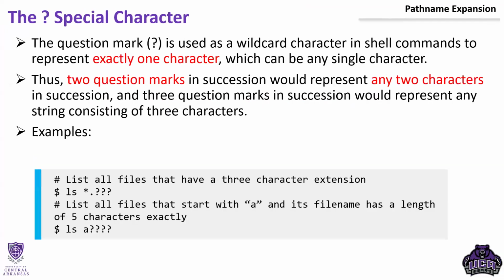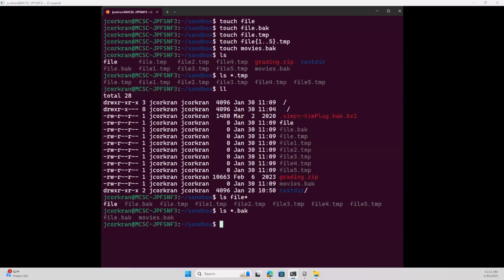All right, so question mark is just going to represent one character, and that's it. So it's nowhere near as powerful as the asterisk. So if you put 2 of them, then it's going to be 2 characters. 3 of them, it's going to be 3 characters right there. So if we wanted to get every single file in here that had a 3 character extension, we could say ls, and we could do star question.